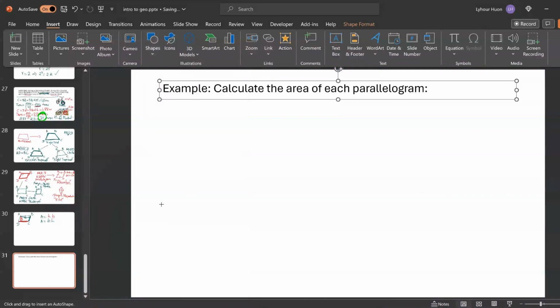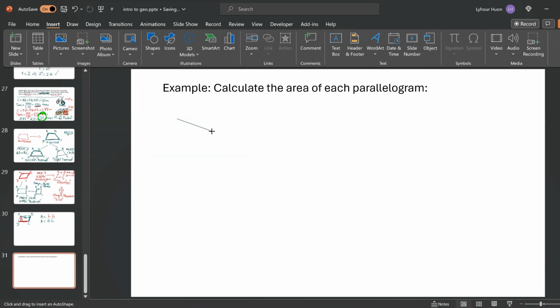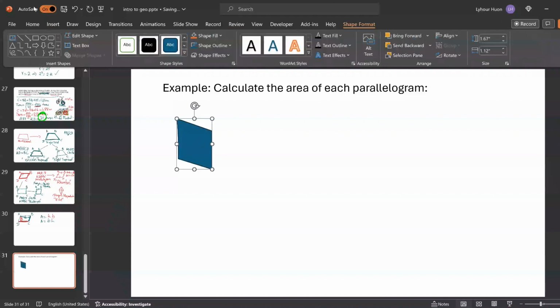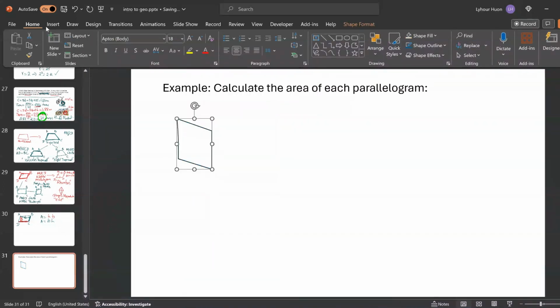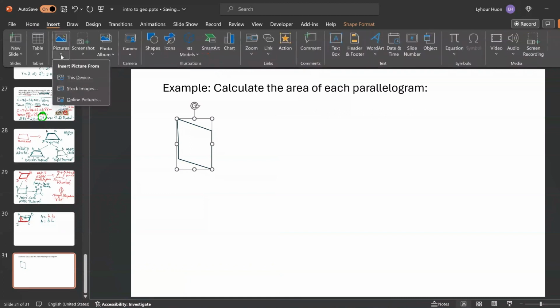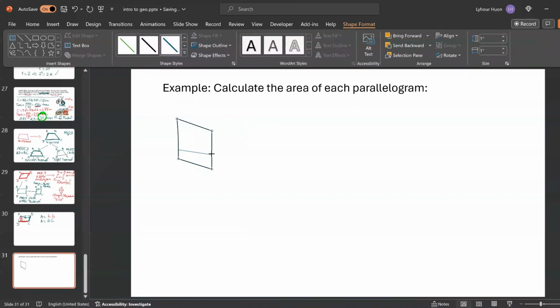Okay, this is a parallelogram. Let me take a little time to draw it to make it more accurate. The side from here to here, we know that it's 5 centimeters.